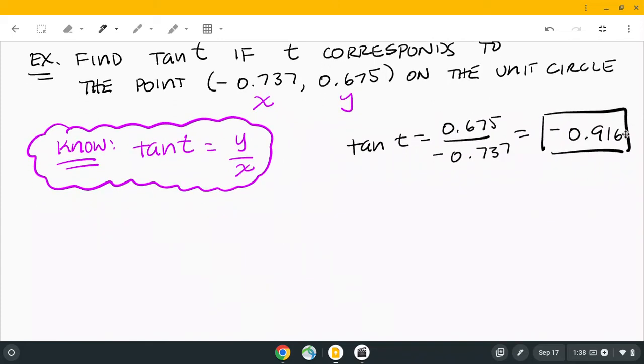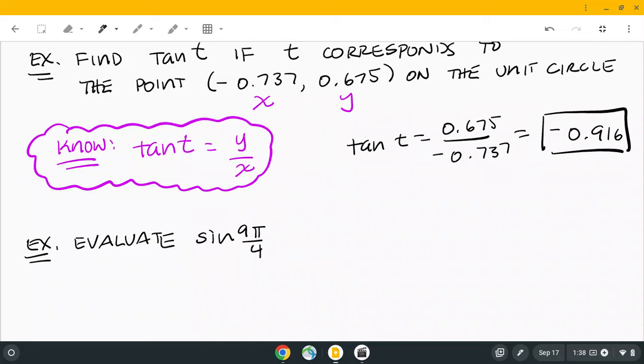And then you're going to get a question like this next one as well. It has some interesting vocabulary here, so we need to go over it. You might see a question that says: evaluate sine 9 pi over 4. Okay, fine, no problem. We did that in the last section.